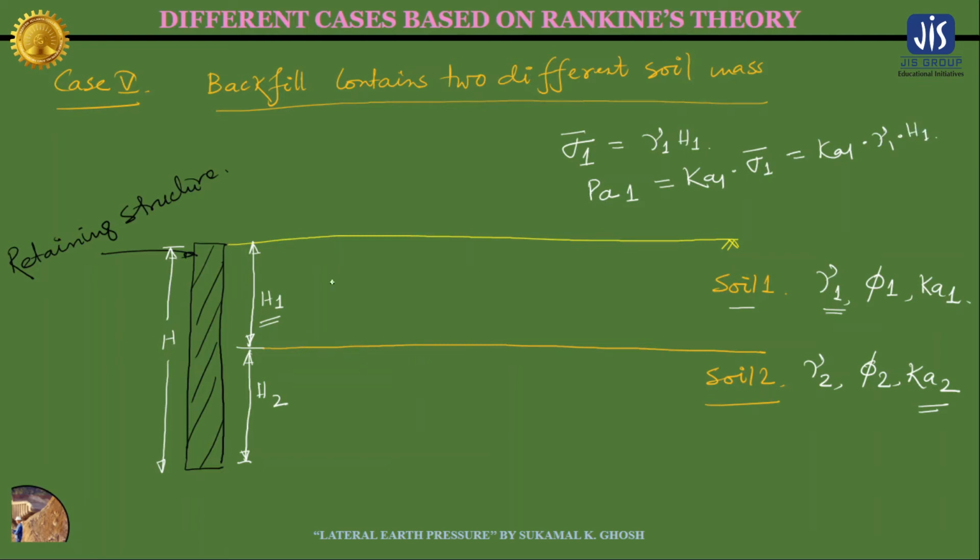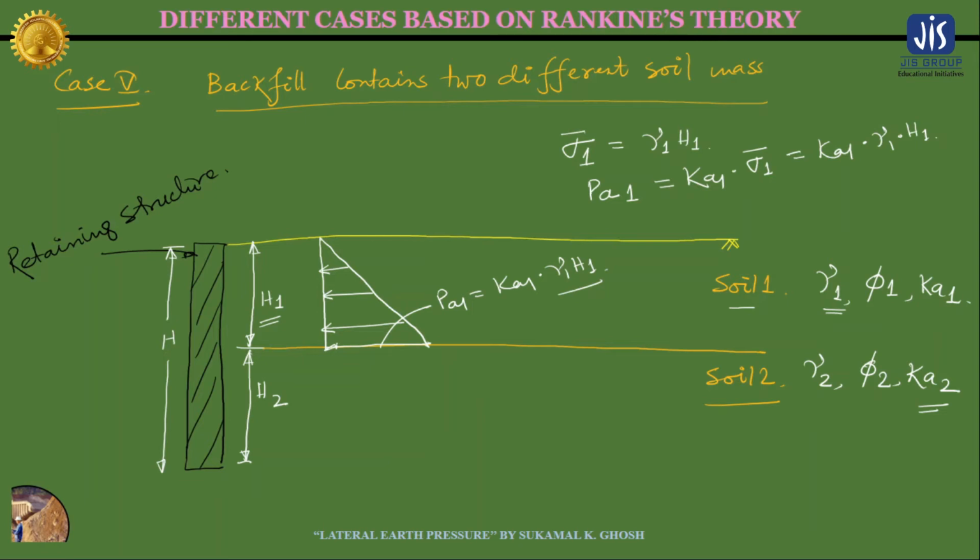Let me draw the pressure distribution diagram for layer 1. This is the pressure distribution diagram for layer 1, and this value is Pa1, which equals Ka1 into gamma 1 into H1.